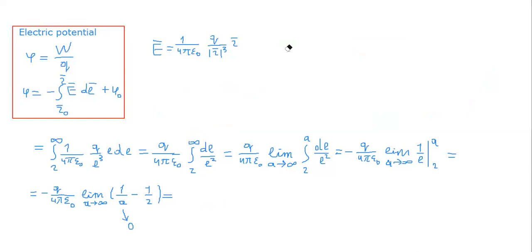I have cleaned this, but okay, I will write this one more time. 1 divided by 4 pi epsilon 0, q divided by R.